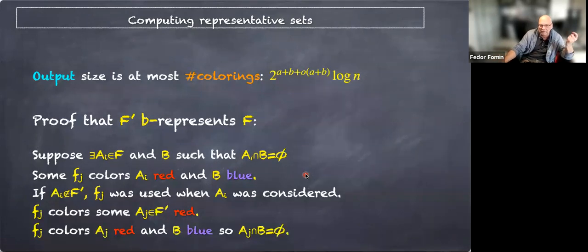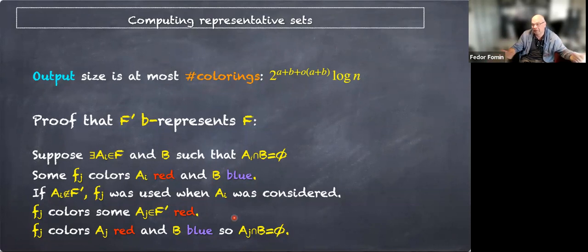So this function fj colors the set Aj in red, and it also colors B in blue, because it colors Ai in red and B in blue. So Aj is colored red and B is colored blue, which means these sets do not intersect.